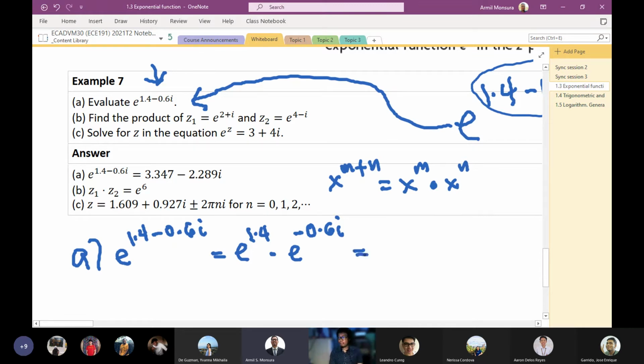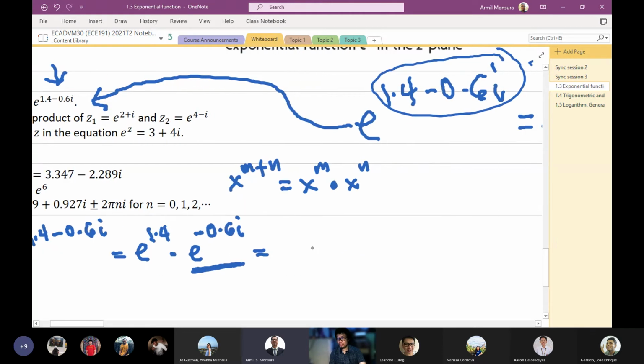Now, if we actually translate this to polar form, this factor becomes e raised to 1.4, times this factor is cosine of negative, siya, no?